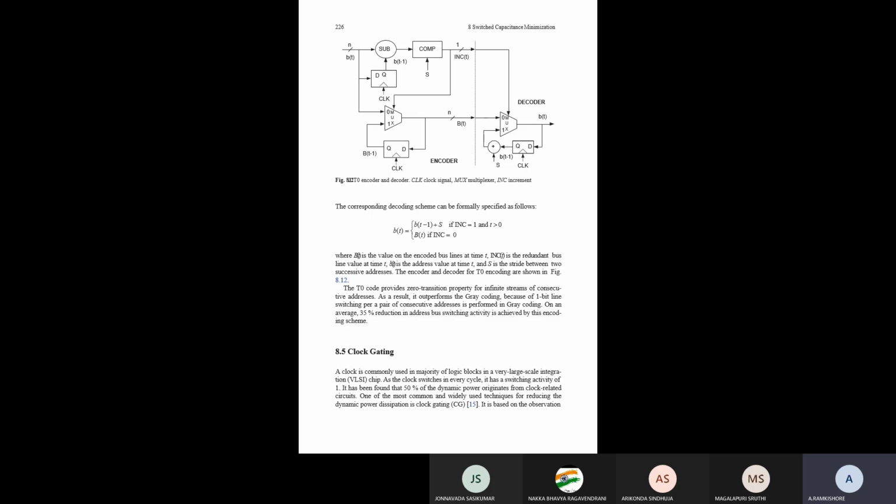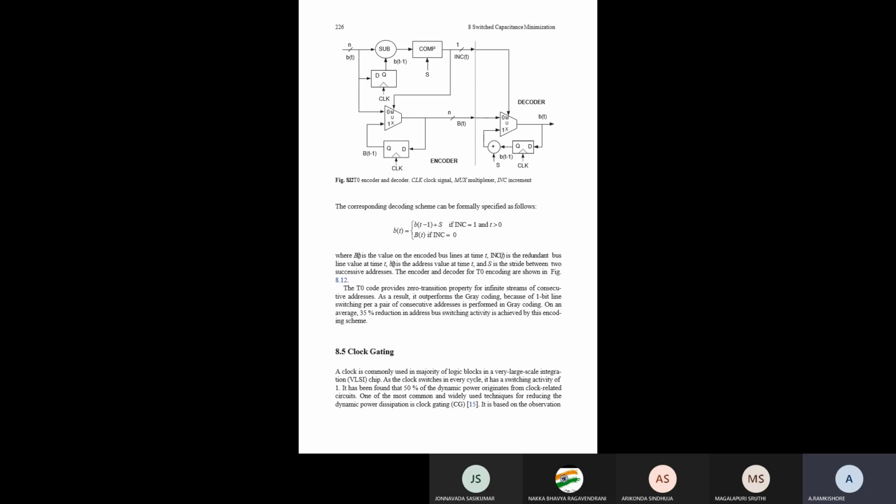If both the static and the dynamic power dissipation increase, then the circuit does not operate under low power, and it will not fulfill the desired functionality of the circuit.